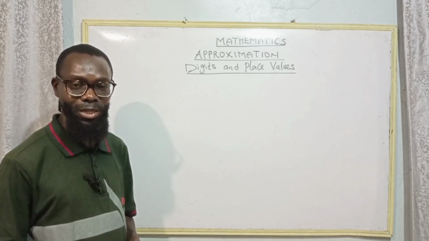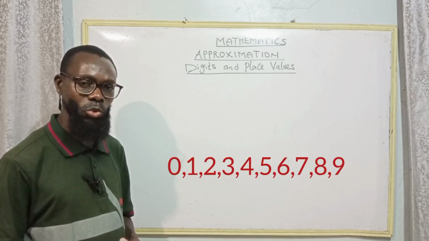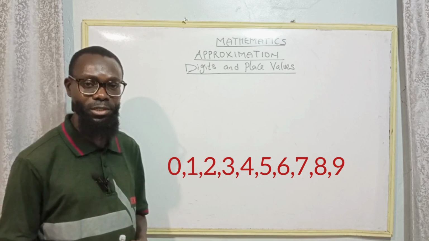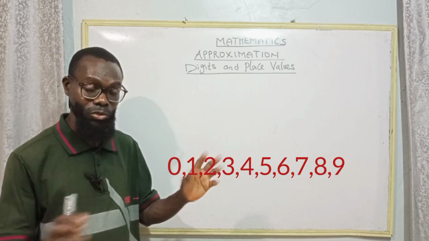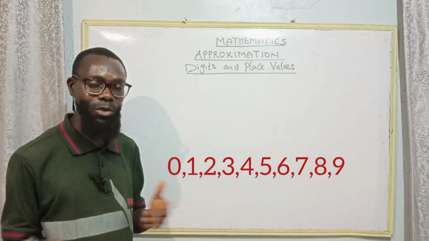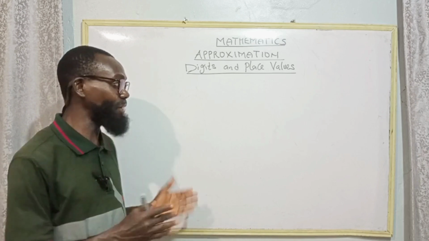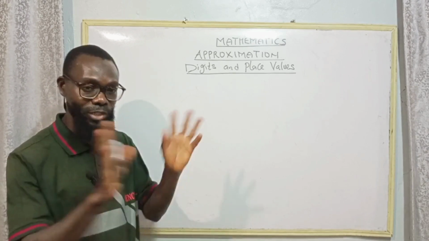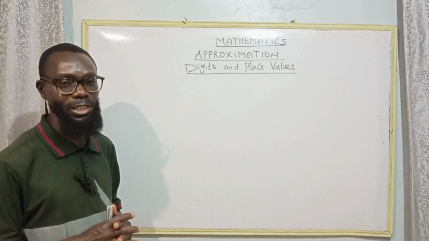That is our natural numbers starting from 0, 1, 2, 3, 4, 5, 6, 7, 8, and 9. These are digits. So 0 is a digit, likewise 9 is a digit. So the remaining natural numbers are formed from the combination of these digits. We will determine the place value of these digits.